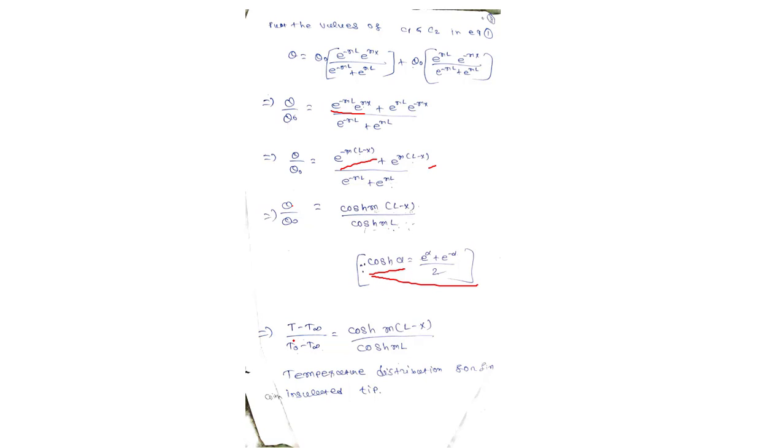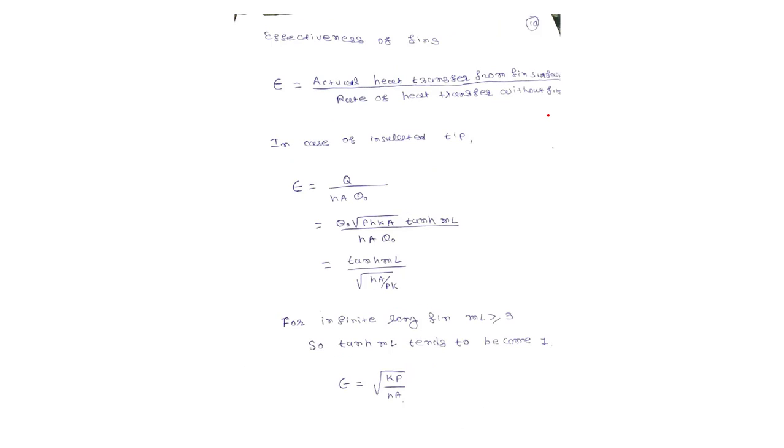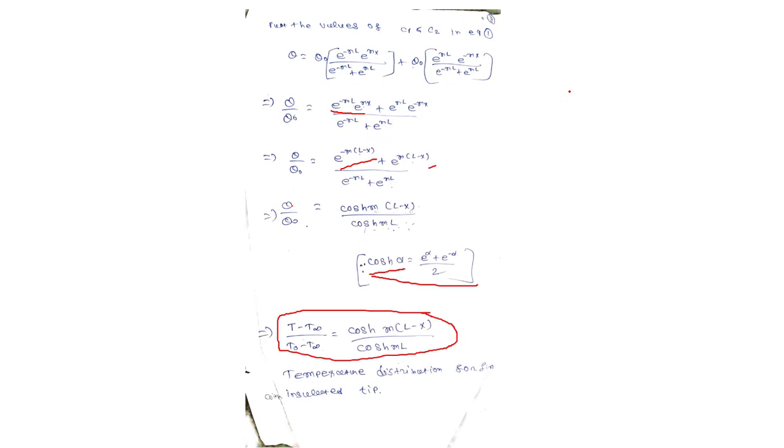And we know theta is T minus T infinity and theta 0 is equal to T0 minus T infinity. So we get this final equation for the temperature distribution of a long fin with an insulated tip. From this equation we can also find the equation of heat transfer for the second case.